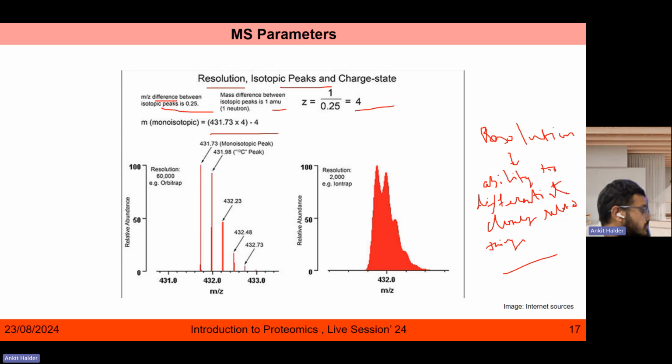So if there is 431.73 with charge 4 minus, and the resolution is 60,000, for example in an Orbitrap, you can see 1 peak, 2 peak, 3 peak, 4 peak. So all are distinct peaks with very close m/z values: 432.73, 432.48, 432.23, 431.98, 431.73.